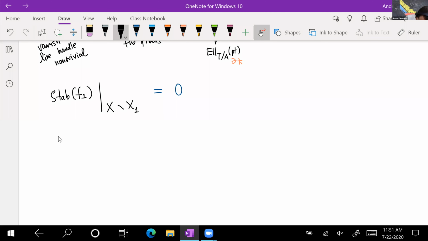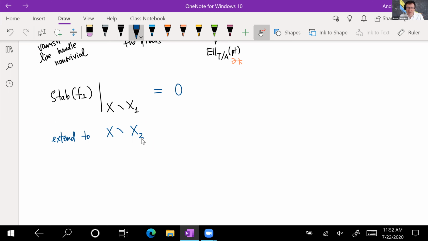So then the first step, and then we extend to X minus X2. Then we better get something interesting, right?